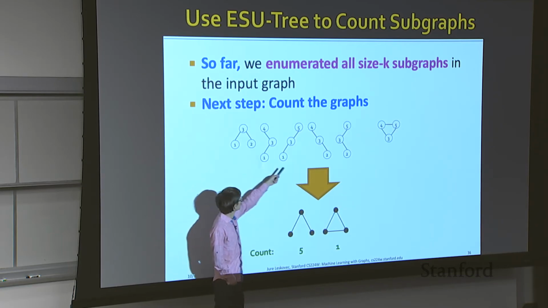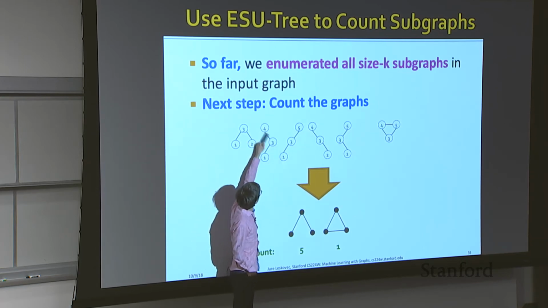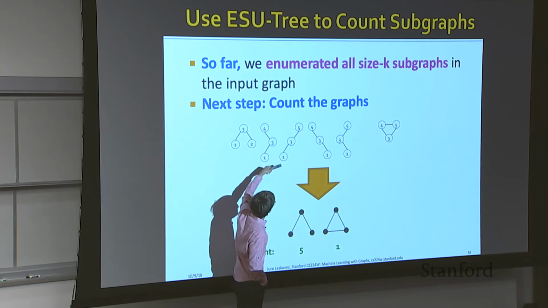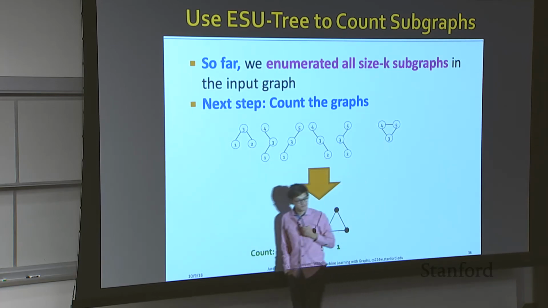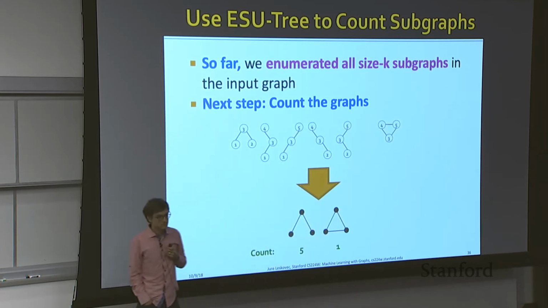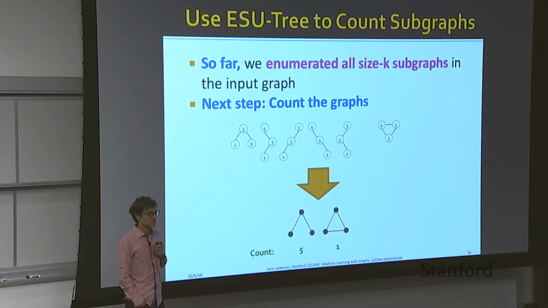Correct, because that's a different motif. Of course, we also consider 4, 3, 5, which should be here, right?